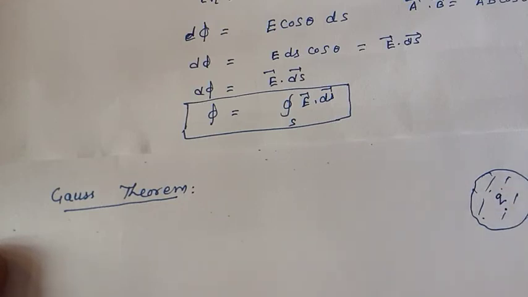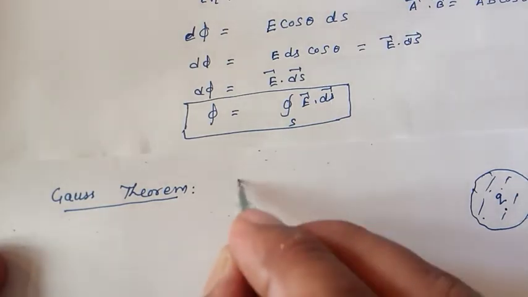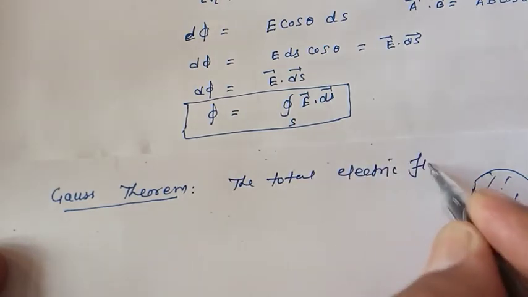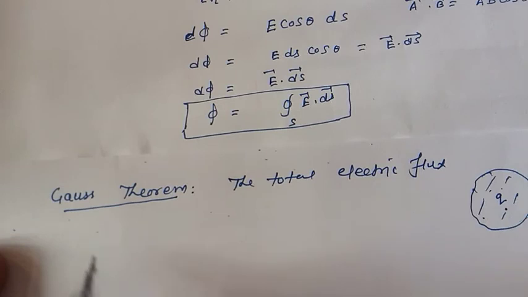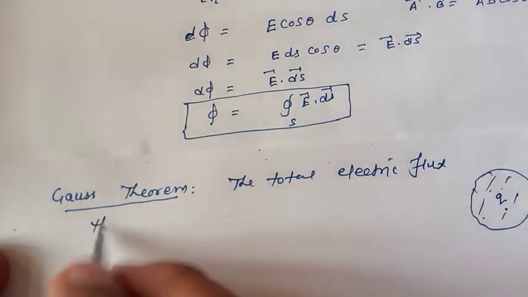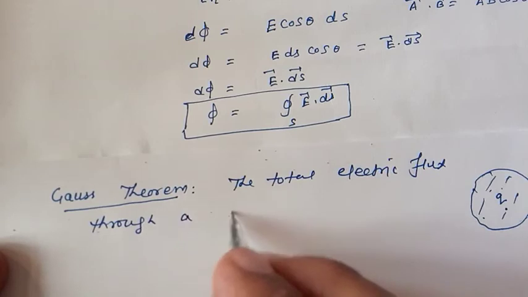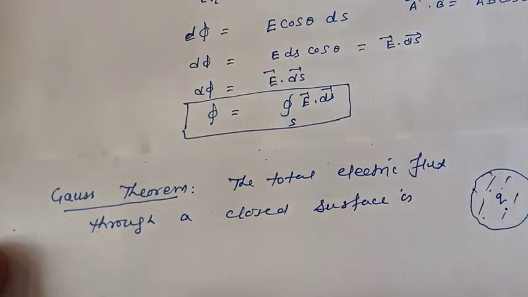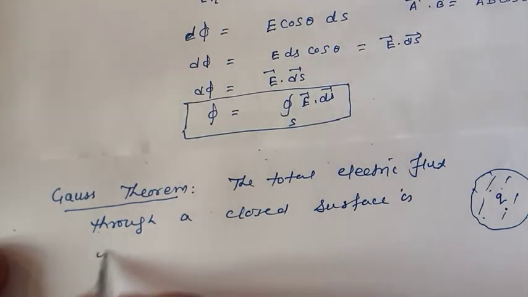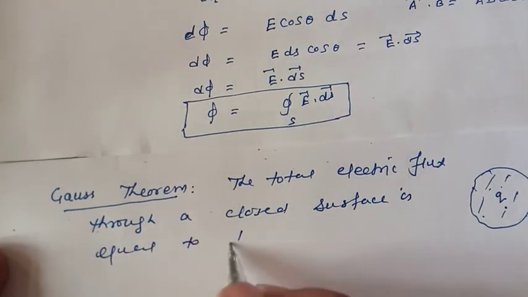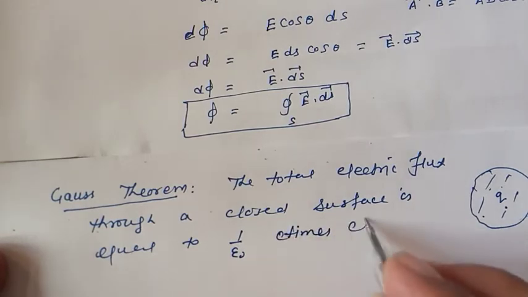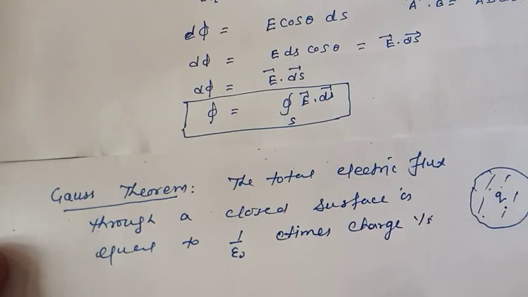So first of all, let us write the definition. The total electric flux through a closed surface is equal to 1 upon epsilon 0 times charge inside that surface.